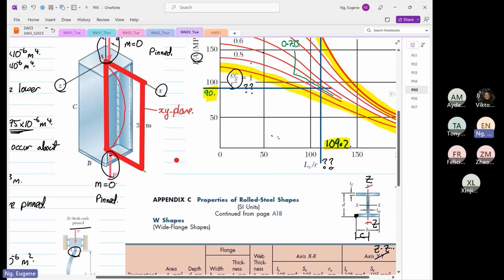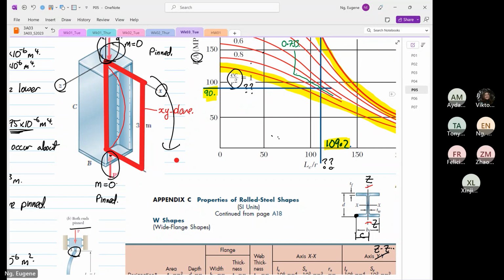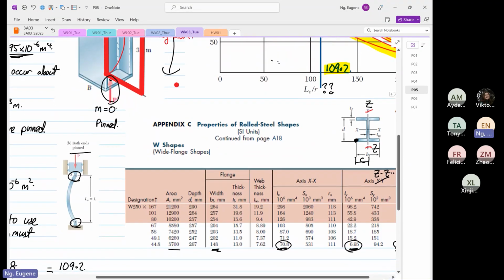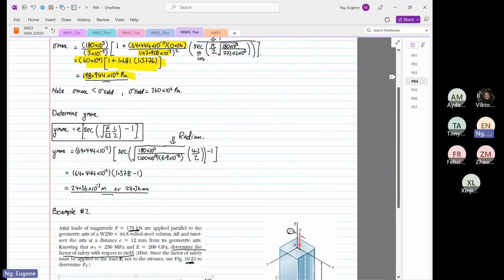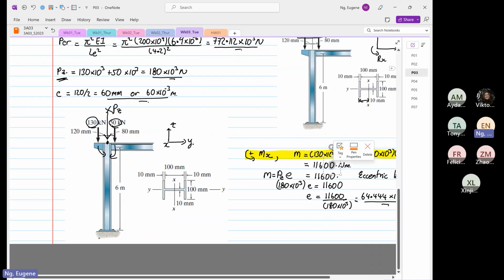If I were to remove the top force, the entire structure would rotate downwards, yes or no? It's not built in, right? That's why it's pinned. If you look at the previous example, it is built in.